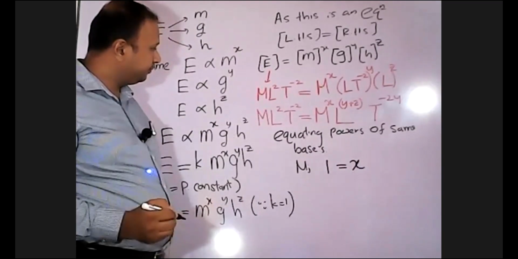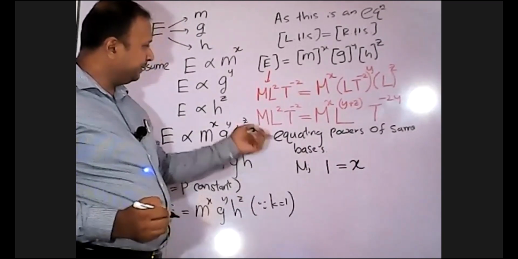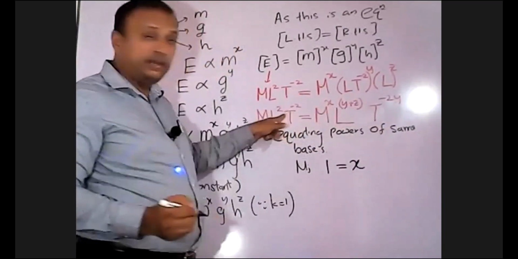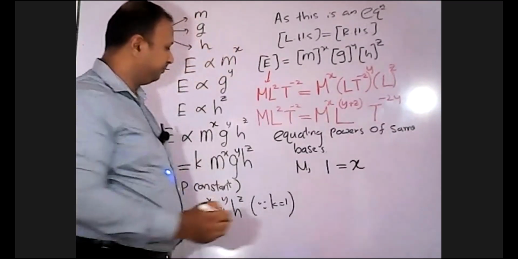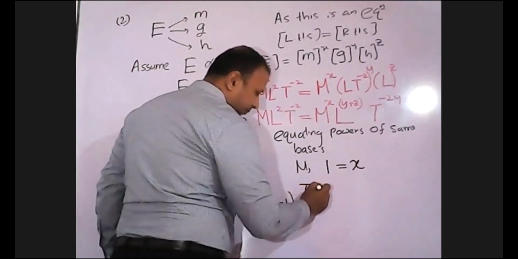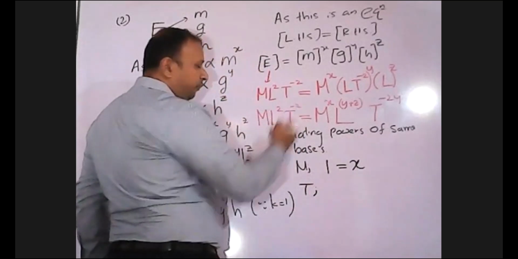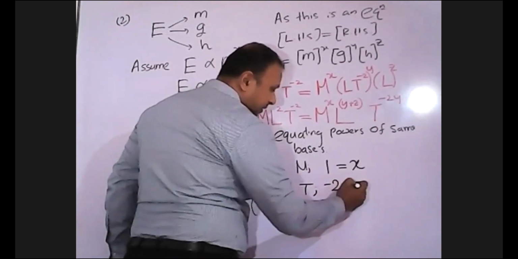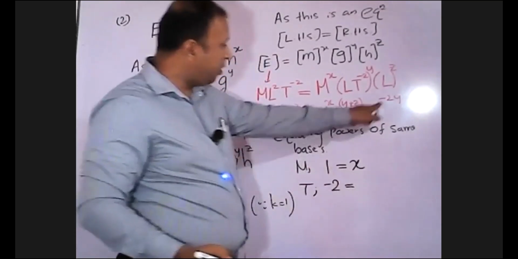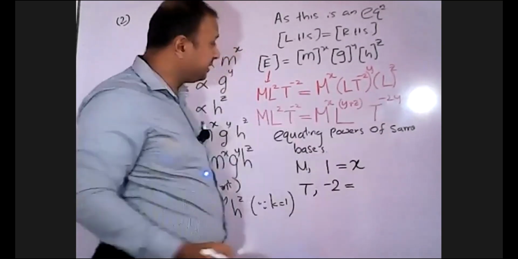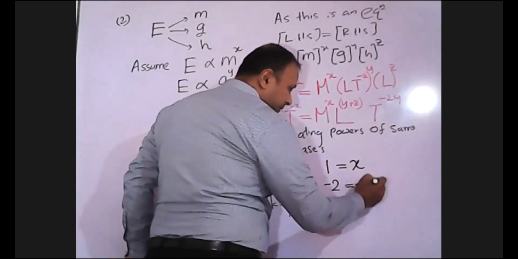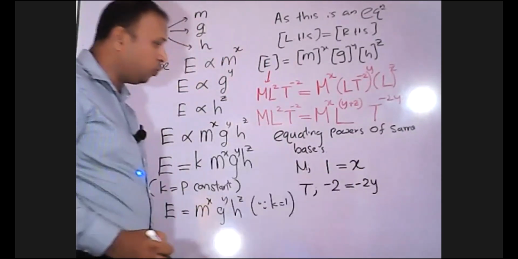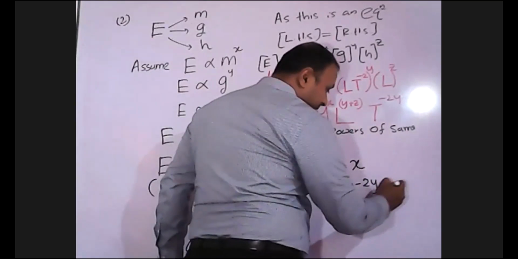Then you can easily determine Y by equating the power of T in both sides. In here, the power of T, left hand side, is equal to minus 2. The power of T here is minus 2y. Minus 2 is equal to minus 2y means y is equal to 1.